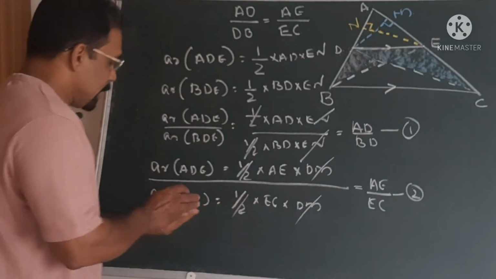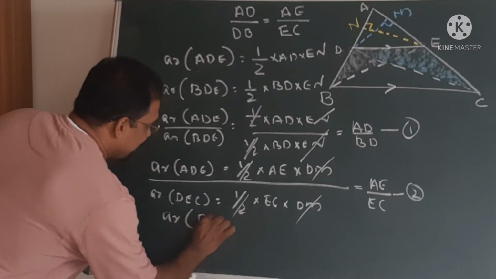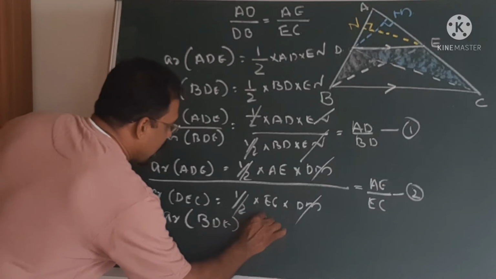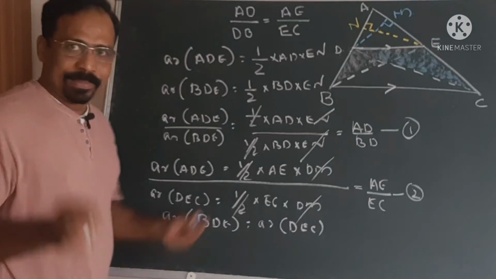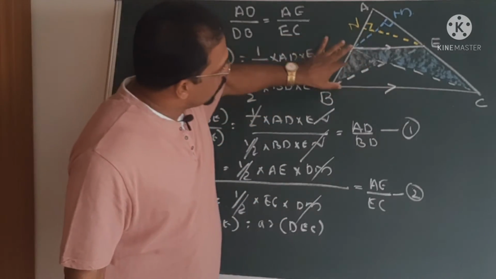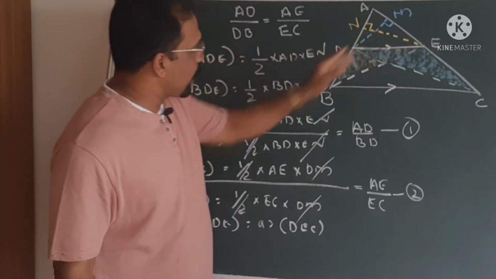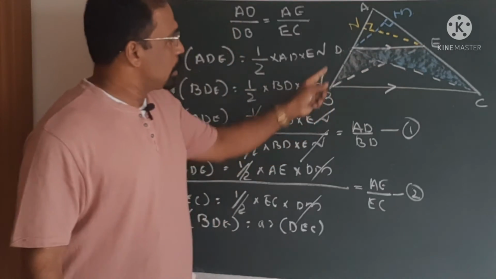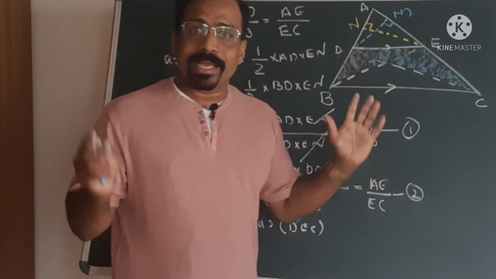So we can write area of triangle BDE is equal to area of triangle DEC. The reason is this is lying on the same side and this is between these two parallel lines. Therefore the area of this triangle BDE is equal to this triangle. Therefore their areas are equal.